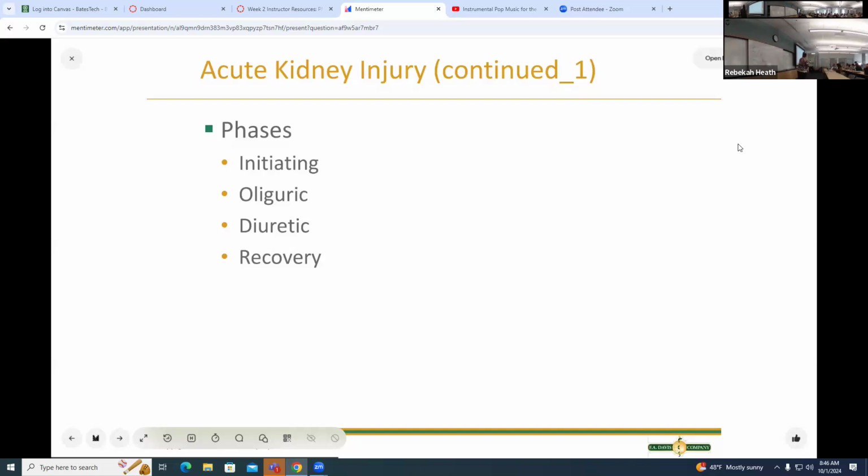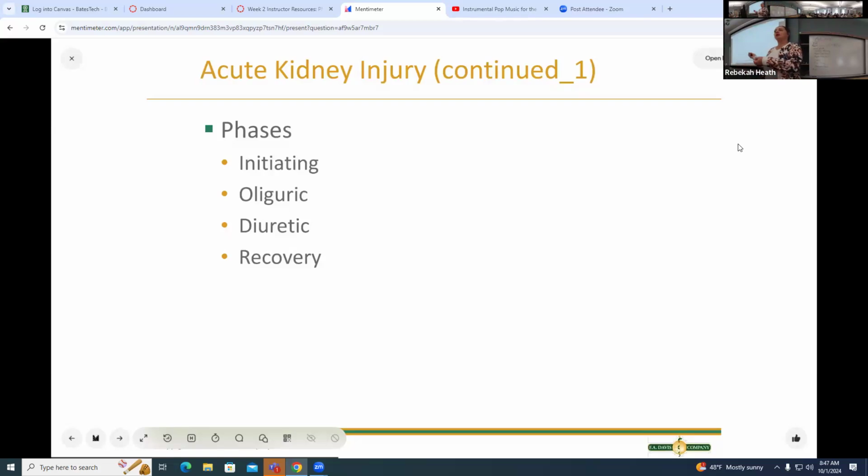Their kidney's not working very well, so we start perfusing them, getting more fluid in them, trying to get them back to healthy. Hopefully it'll move to the diuretic phase, where all the waste products that have backed up are flushed out. And then they go to the recovery phase and back to normal.